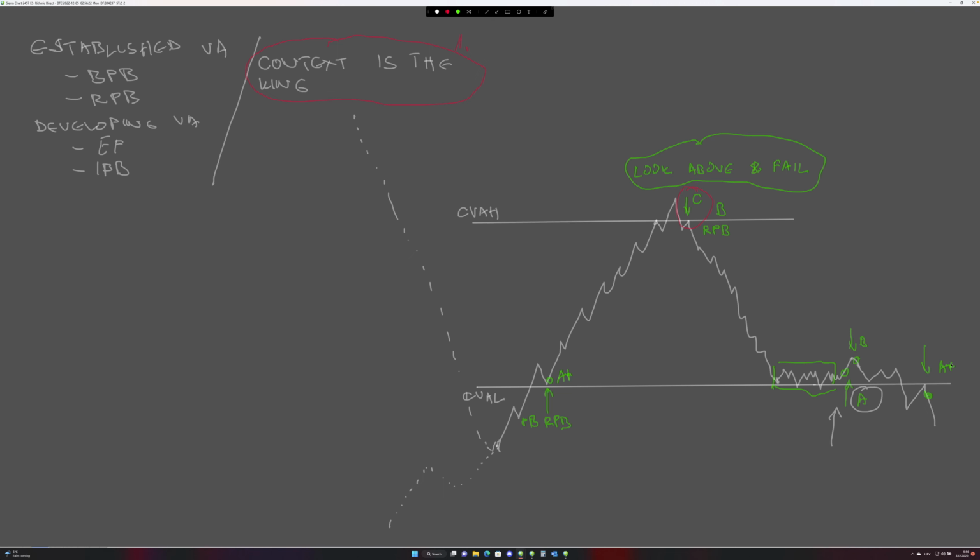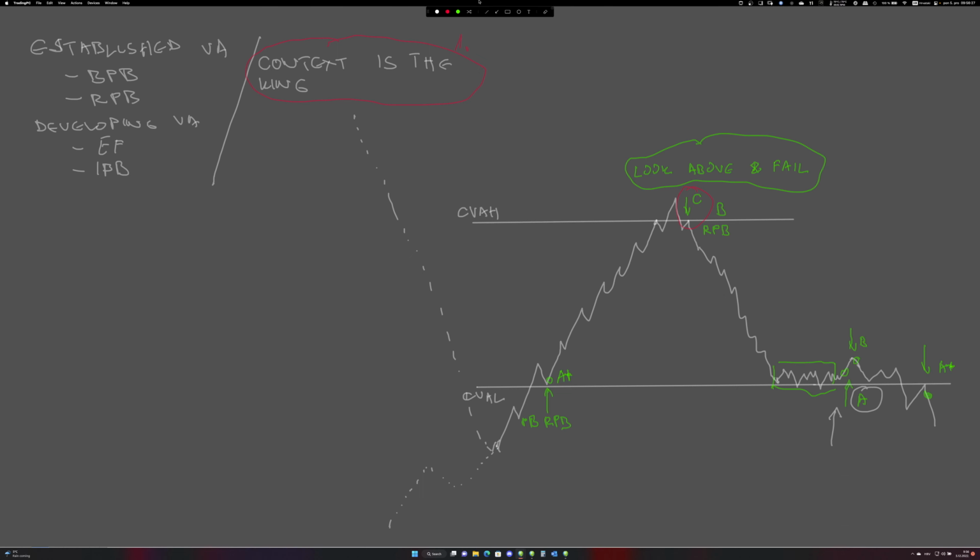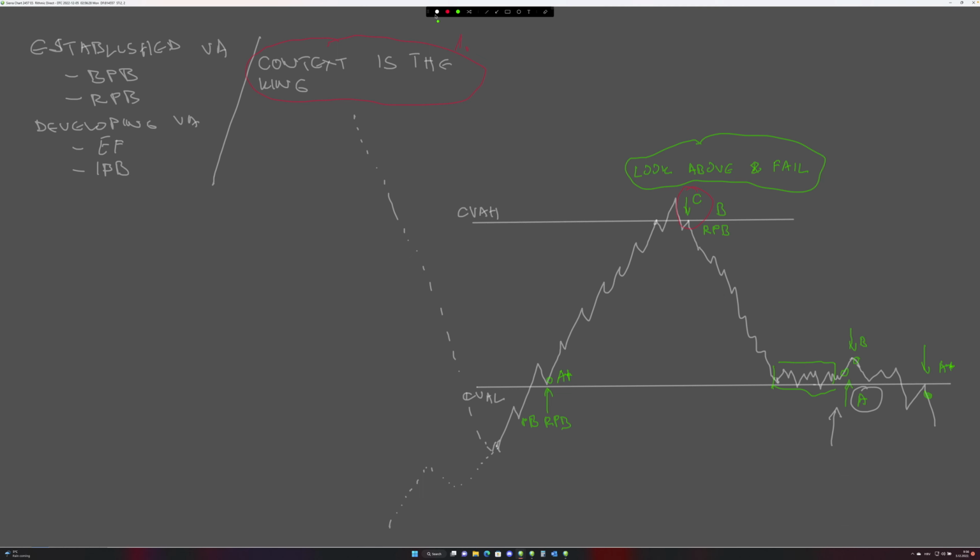And now, what's the difference between A plus setups, like usual daily setups, and A plus plus plus?